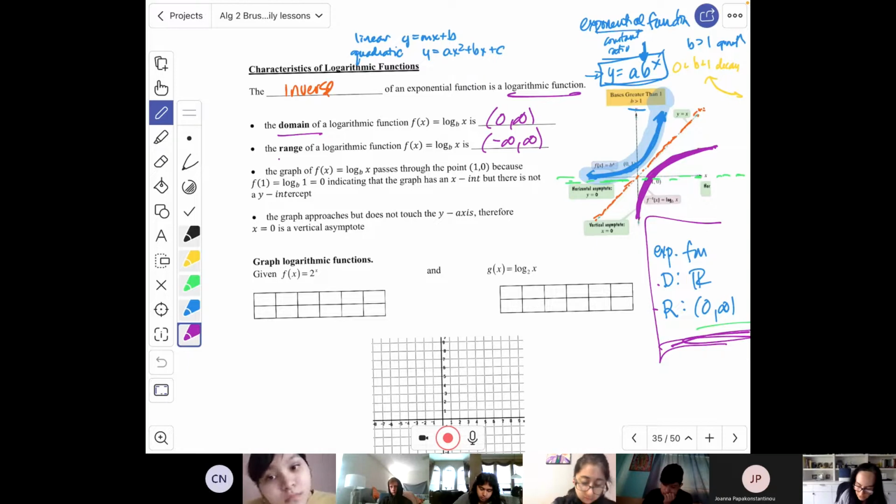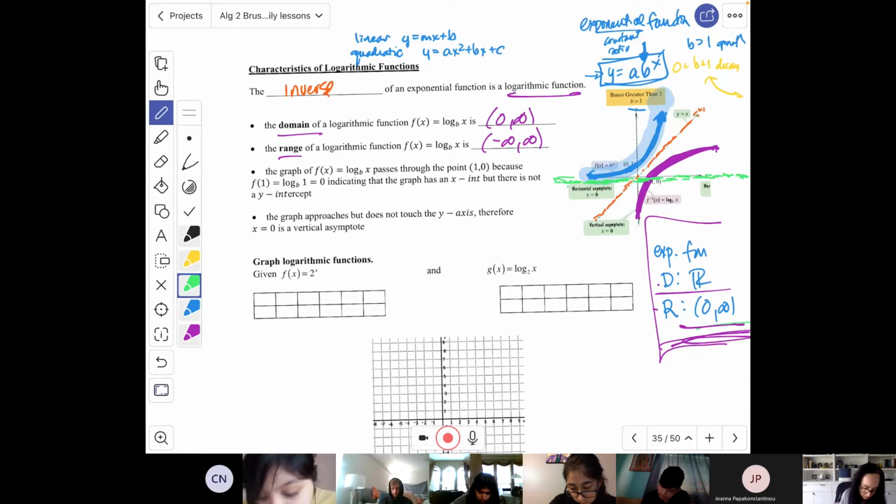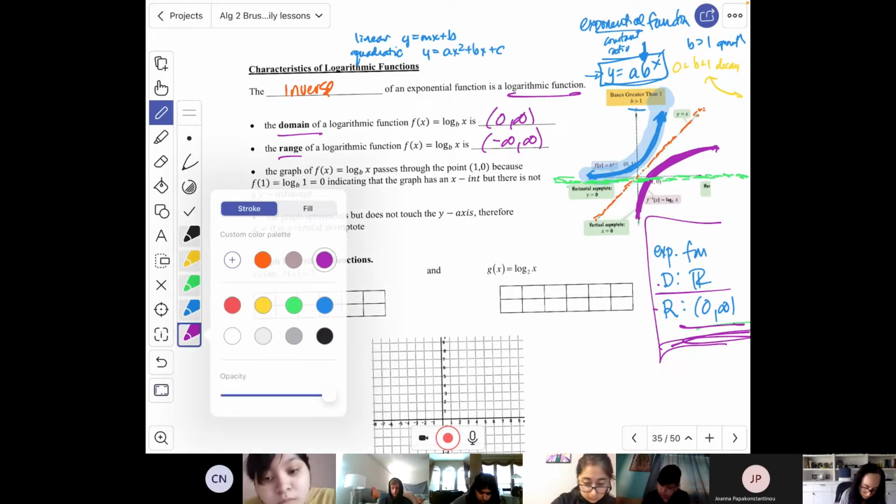The domain of this function is the range of its inverse. The range of this function is the domain of its inverse. And if an exponential function is the inverse of a logarithmic function, you should be able to tell me that. So knowing that, if this is a horizontal asymptote for an exponential function, what does this become with respect to the logarithmic function?